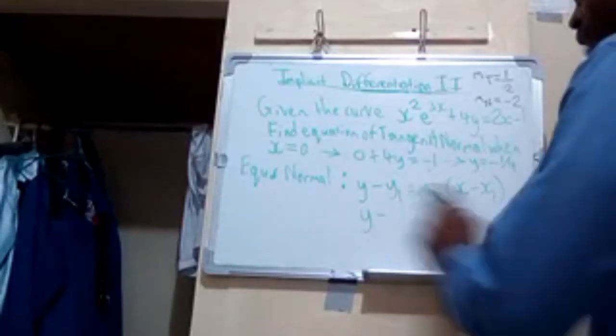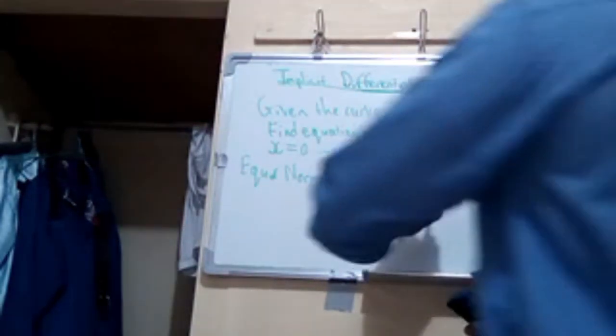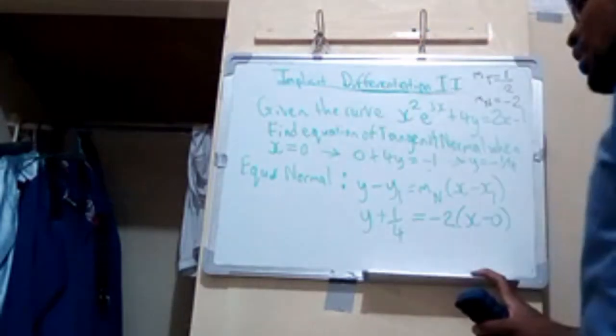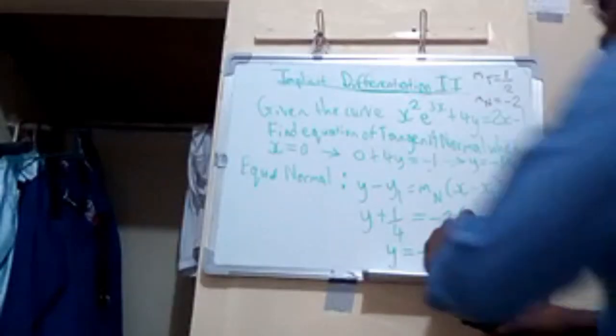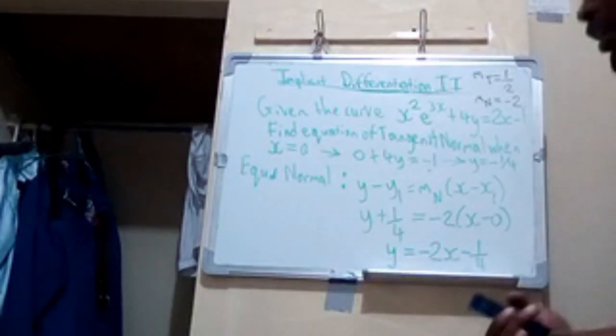So this becomes y minus y1, which is minus a quarter, so it becomes plus a quarter, and that's equal to the gradient of the normal, which is negative 2, into x minus 0. And so what we're getting is y is equal to negative 2x minus a quarter. And that would be the equation of the normal.